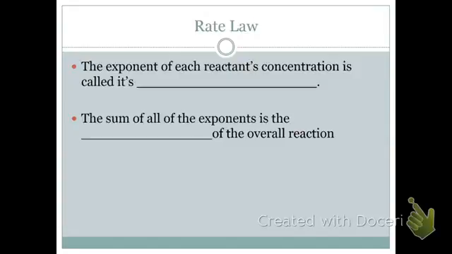So the exponent of each reactant's concentration is called its order. And the sum of all the exponents is called the order of the overall reaction. And so we'll show you an example.